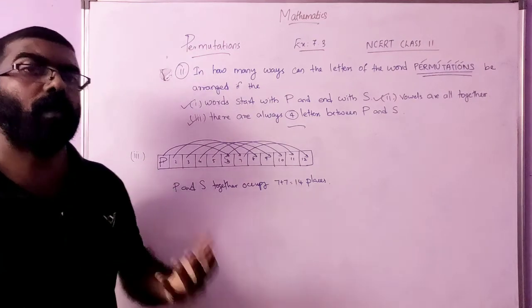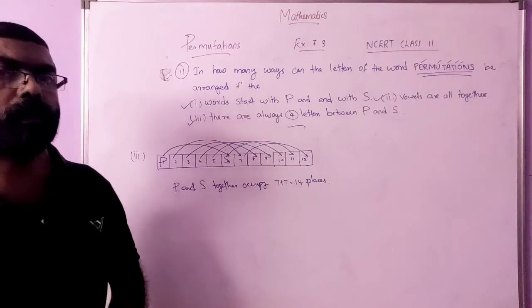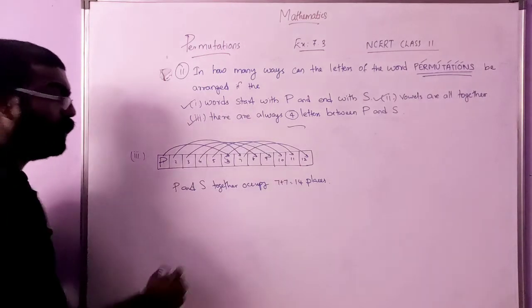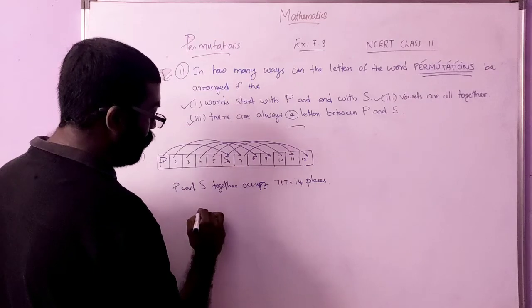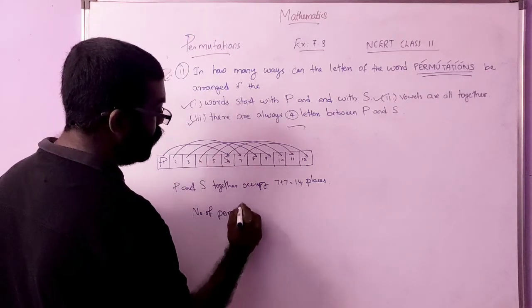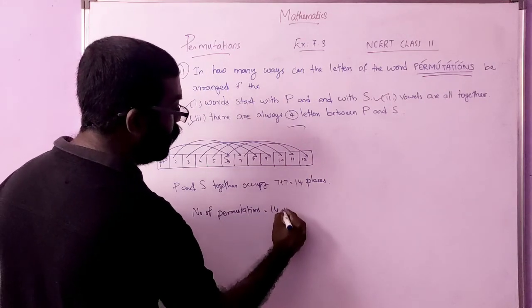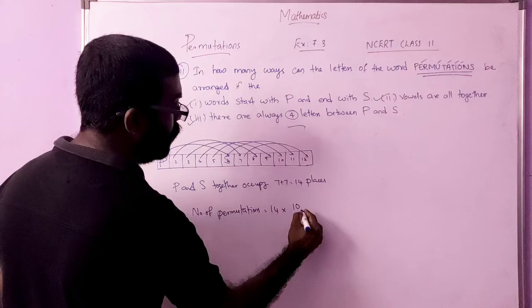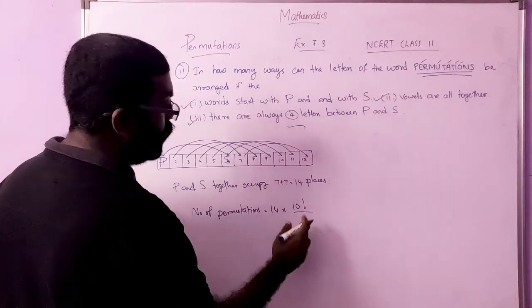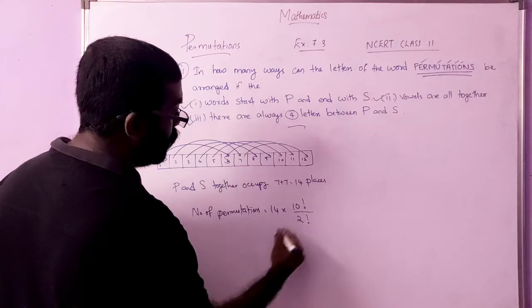Understood? Now we have to find the permutations for the remaining 10 letters. So that we can find directly. So the number of permutations is equal to this 14 into remaining 10 letters, 10 factorial by, here the letter T comes 2 times, so 10 factorial by 2 factorial.